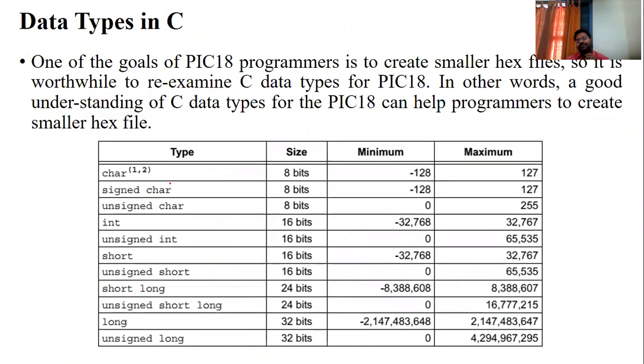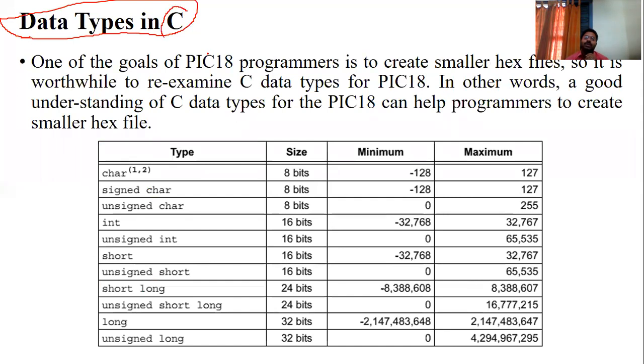So our main topic is data types in C. Once we decide to write PIC 18 programs using C language, what is our main constraint or drawback?